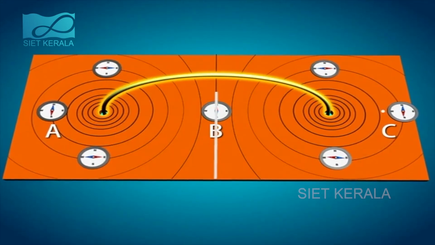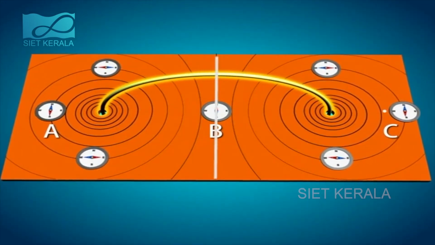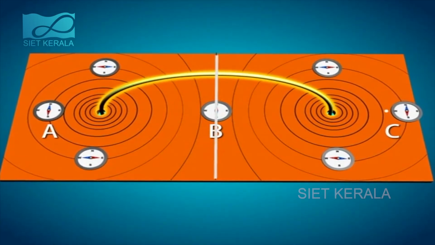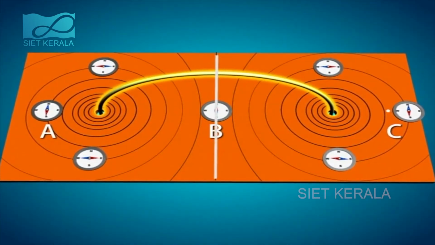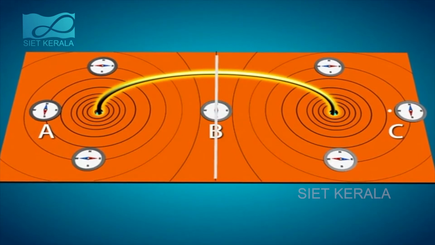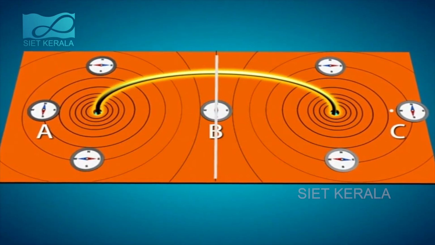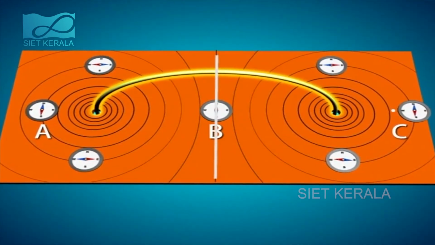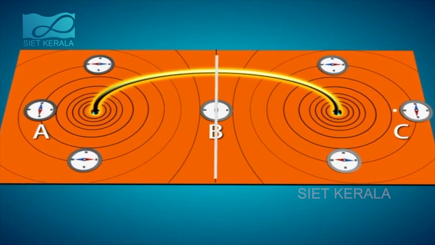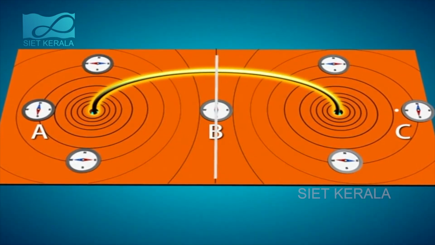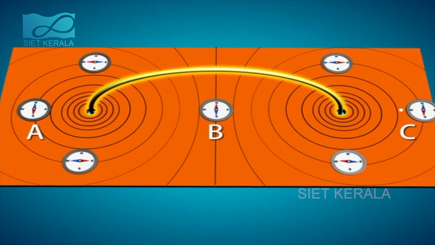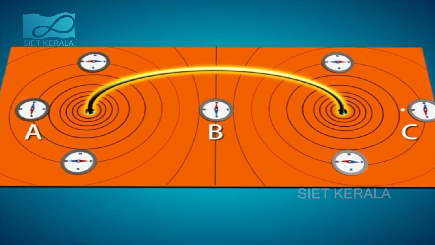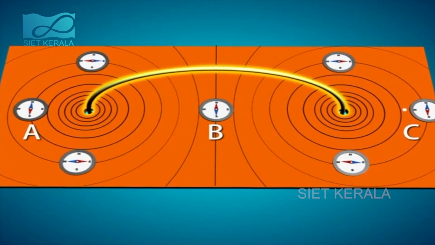The observation is that the needles are arranged so that their ends point in different directions. The needle at B is arranged so that its axis is perpendicular to the plane of the coil. The direction of the north pole of the magnetic needle is different at A, B and C.